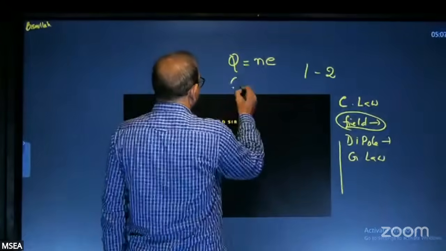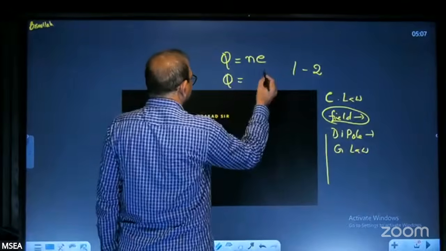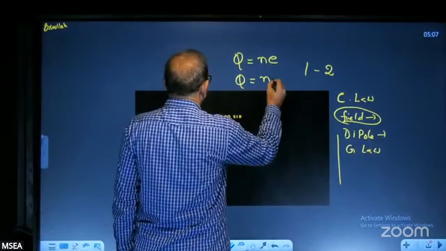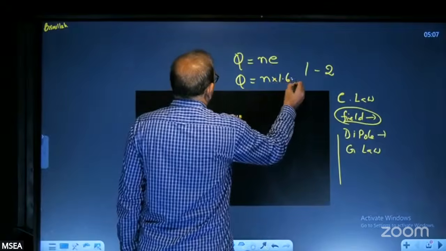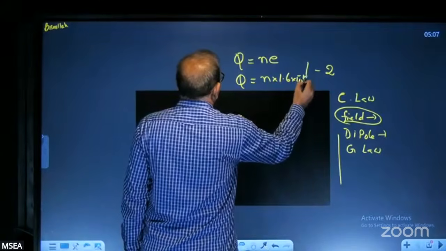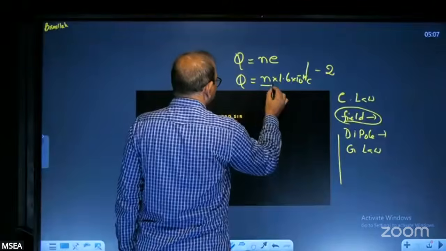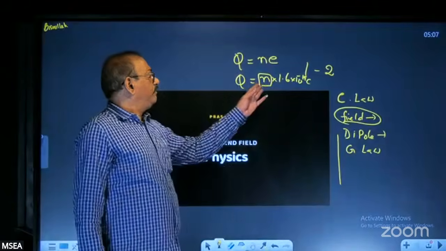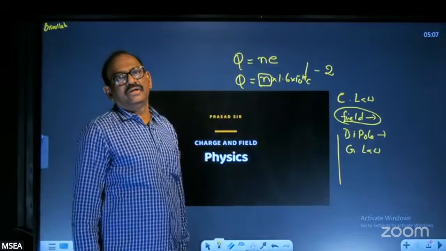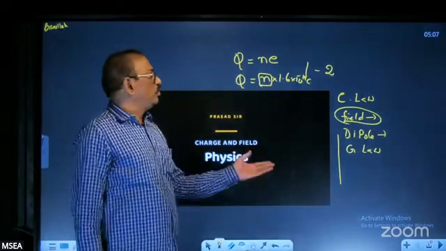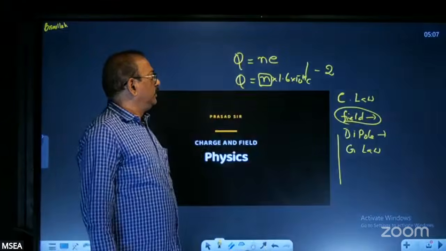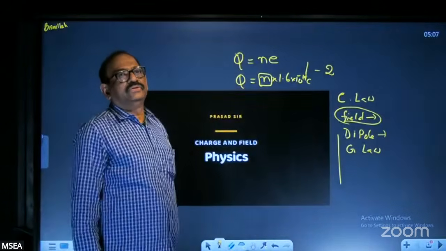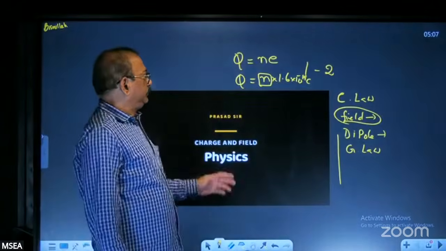If Q is the charge possessed by any substance, it should be n into 1.6 into 10 power minus 19 coulomb, where n is an integer which represents the number of electrons either given to a substance or removed from the substance. These fundamentals you have to revise.